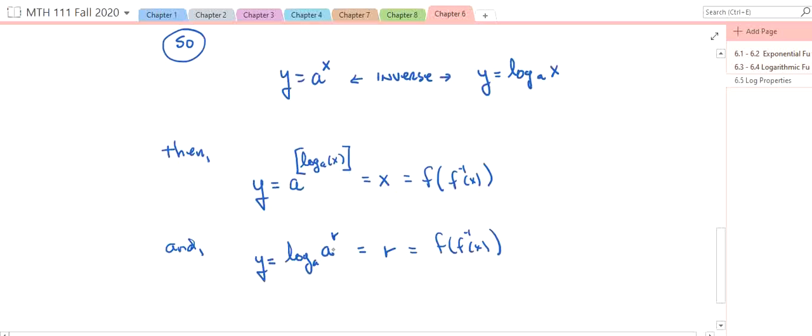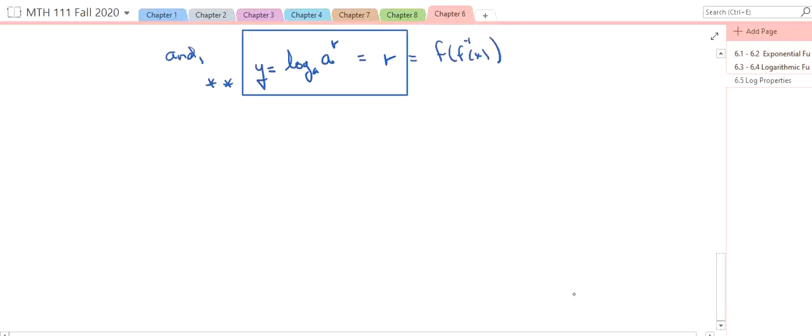A to the r power is the inverse of log base a, so log base a of a to the r equals r. This is one of your most important log properties to remember or to learn, because you're going to use that to simplify equations.